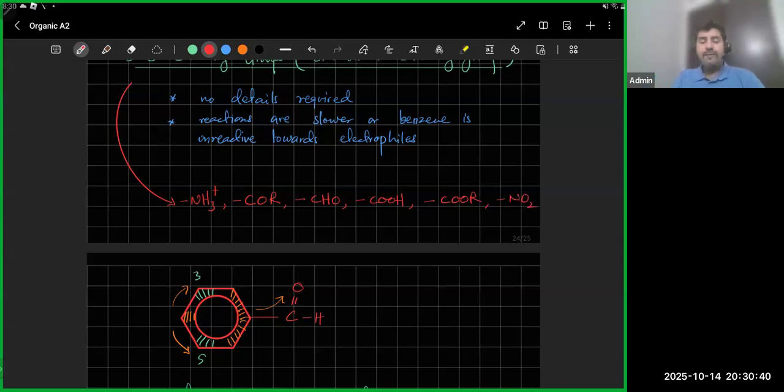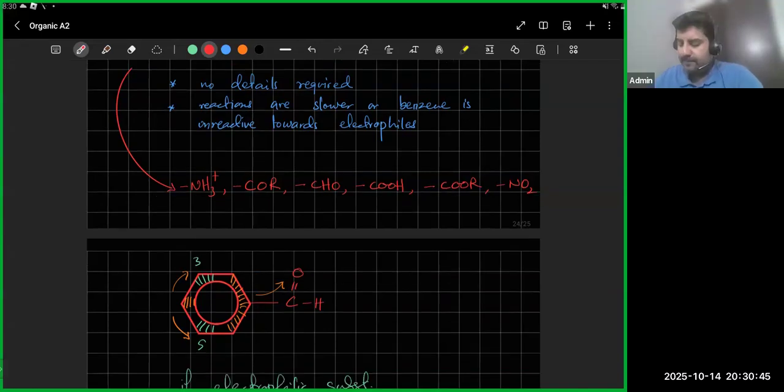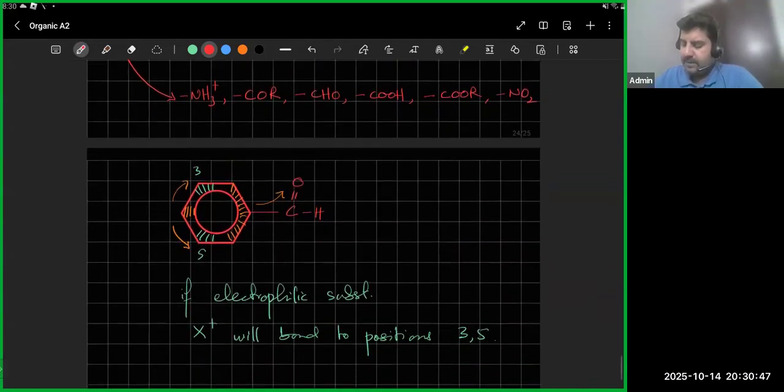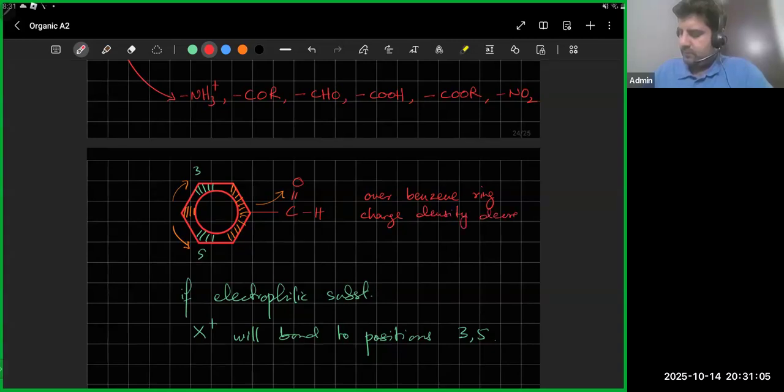All of these will prevent or stop electrophilic substitution because they'll decrease the charge density. Okay? Is this clear?